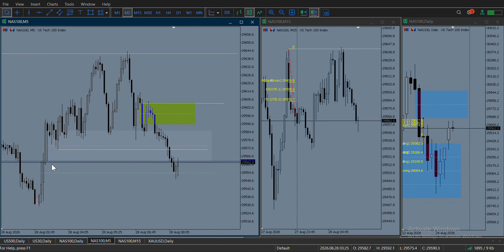And now we are making reference again back into that week, the low of that week.